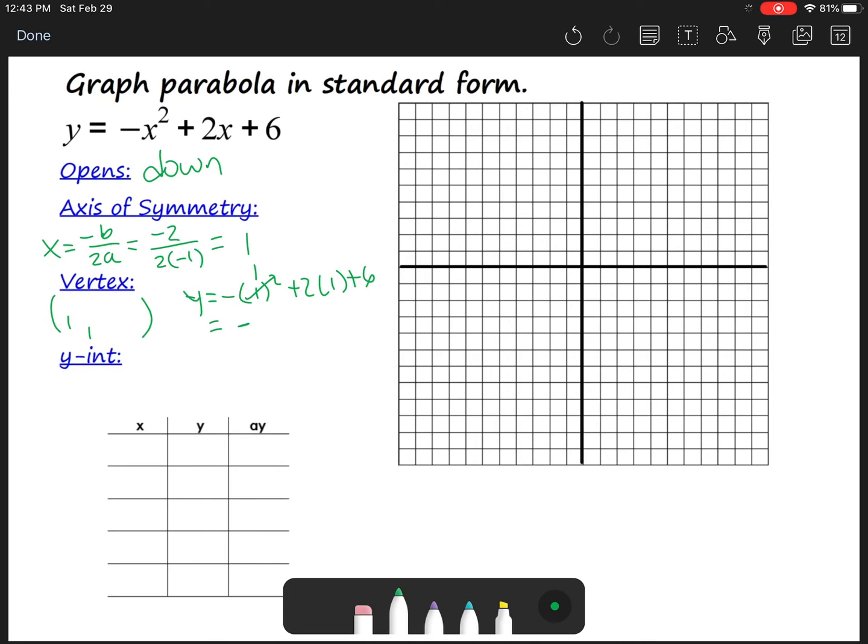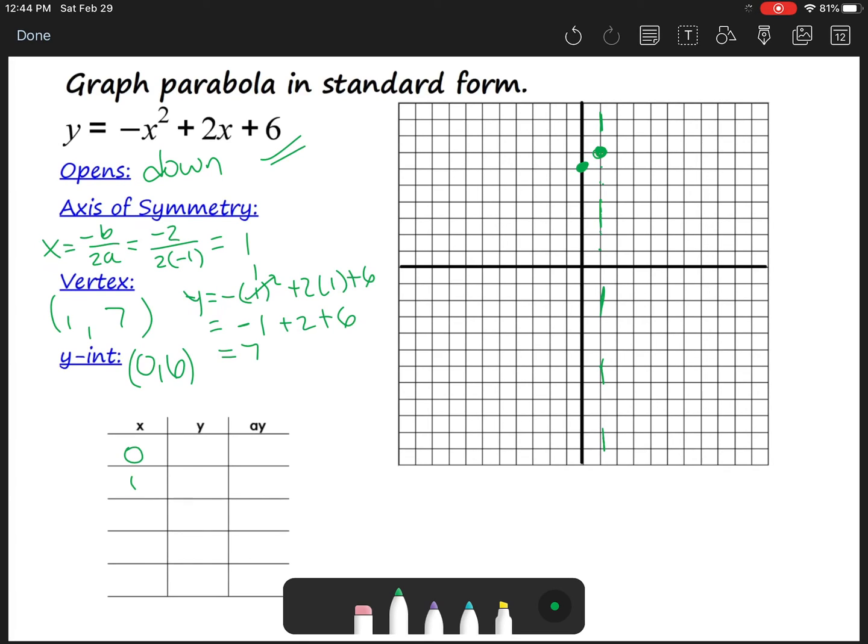Well, 1 squared is just 1, so we have negative 1 plus 2 plus 6, which is 7. So we have our vertex of (1, 7). 1, 2, 3, 4, 5, 6. Oops, lost count. 1, 2, 3, 4, 5, 6, 7. And then here's my axis of symmetry. My y-intercept is going to be the point (0, 6) because my c value is 6.